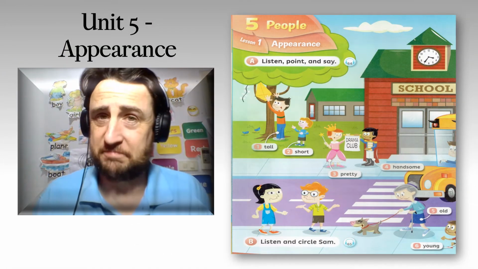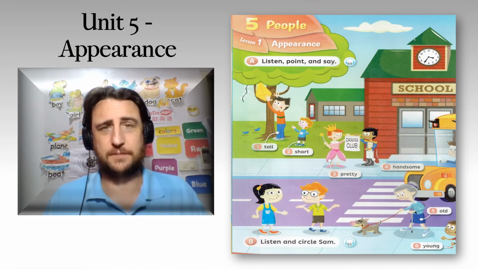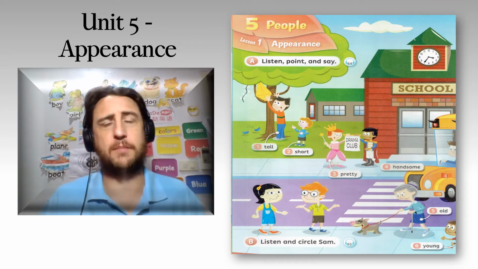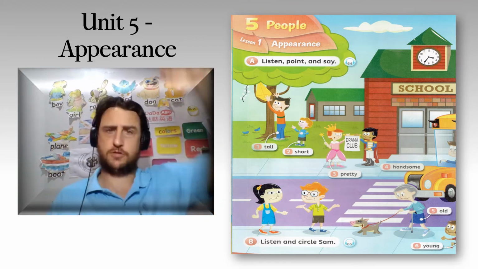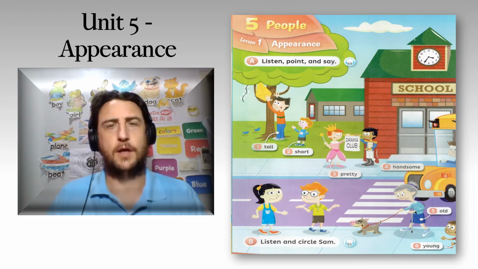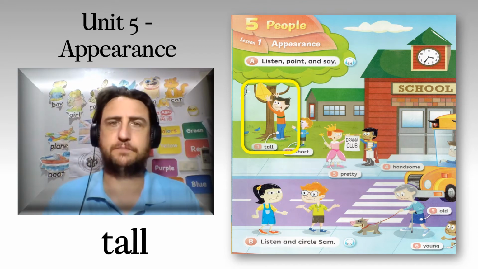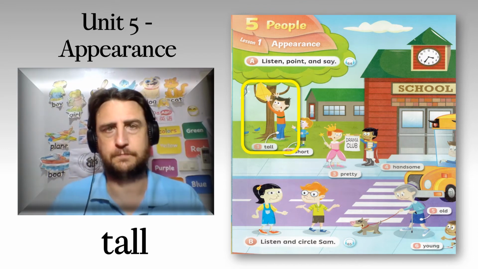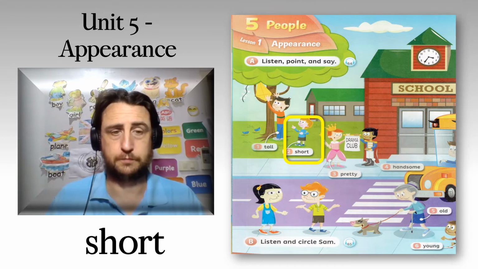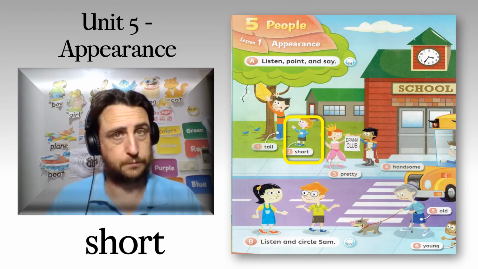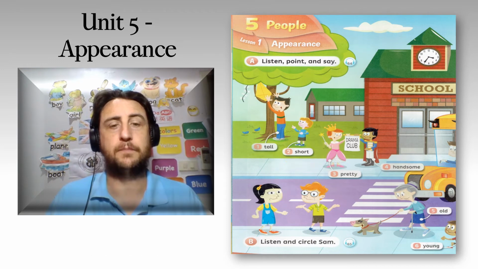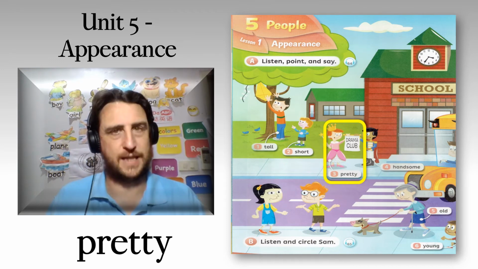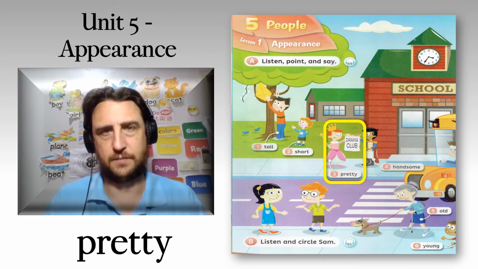It's that time. Let's practice our 6 adjective words for unit number 5 about appearance. Okay, number 1, tall. Number 2, short. Number 3, pretty, pretty, pretty.